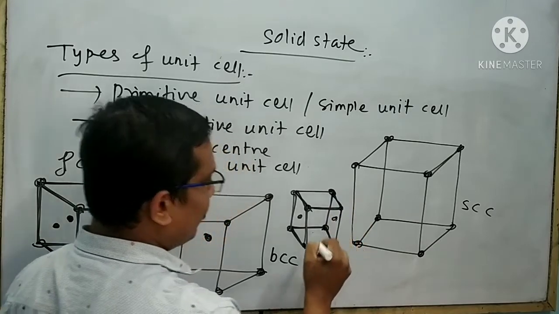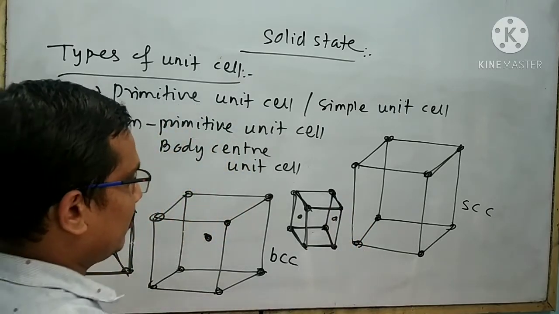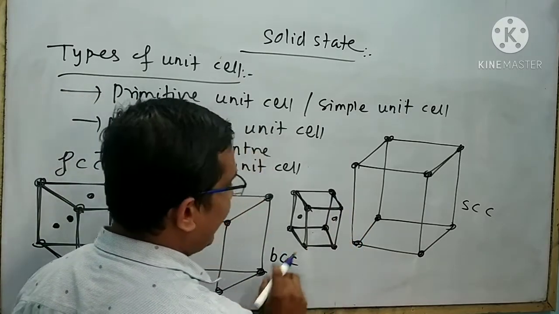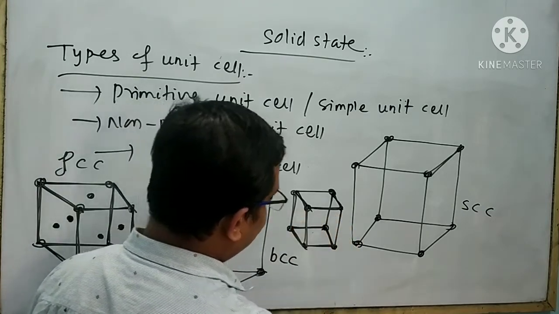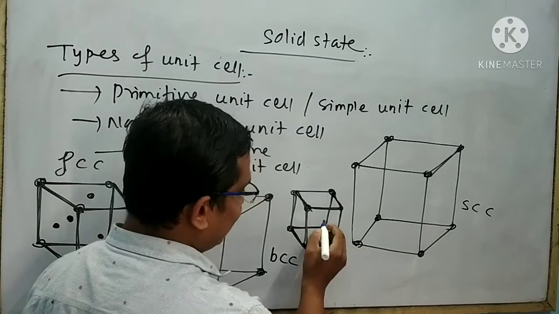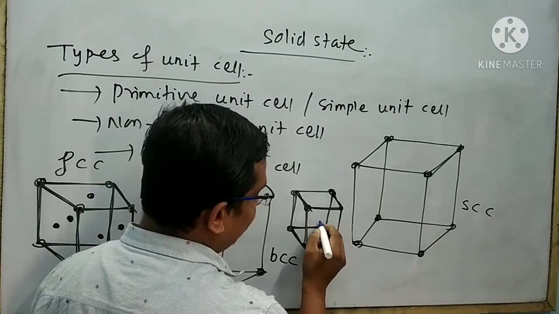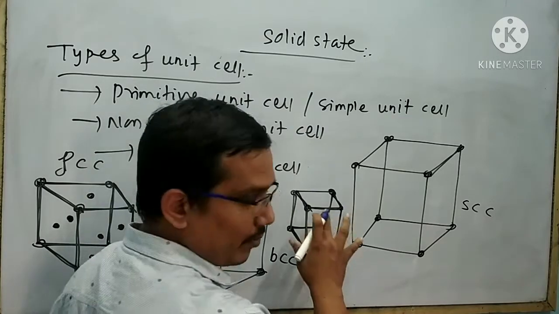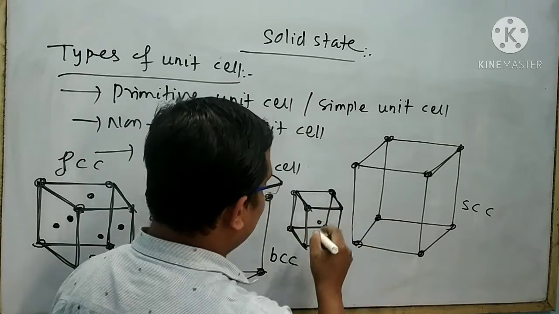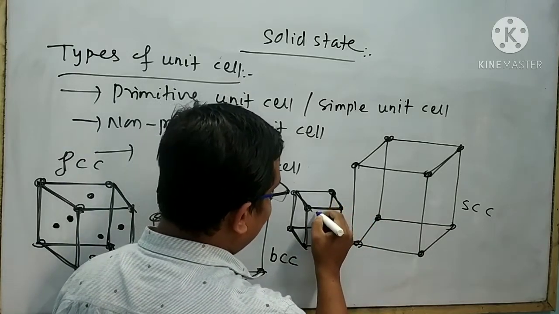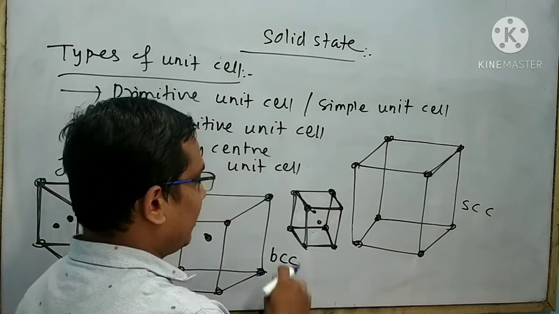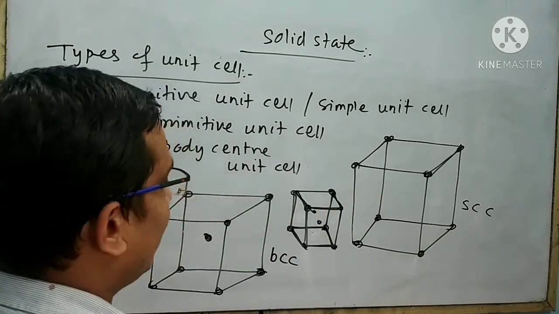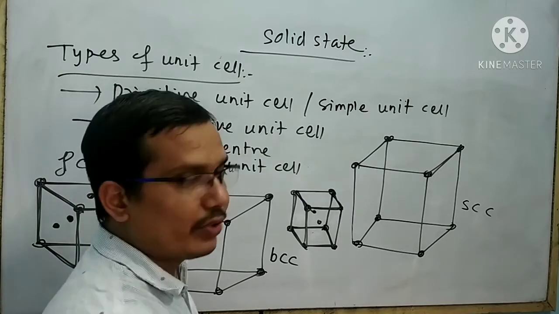These two faces are opposite to each other. So this is also an end-centered cubic unit cell. Suppose I place one constituent particle at the center of the front face and the other at the center of the opposite face, that is, the back face. Then this is also an end-centered cubic unit cell.